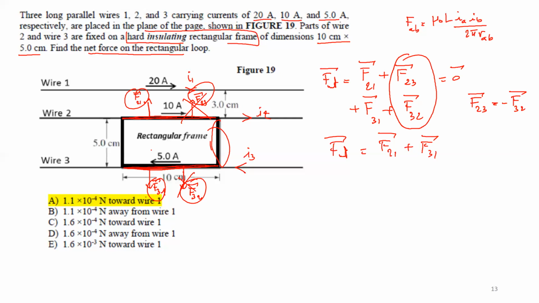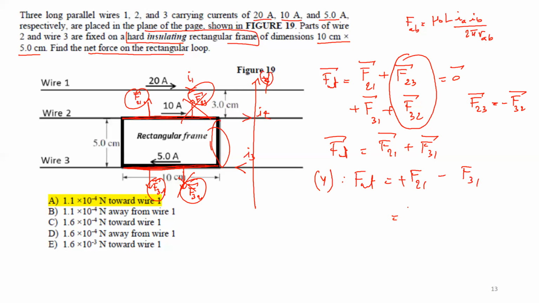Okay, let's calculate them now. Let me project along the z-axis. Let's say this is my z-axis, or my y-axis if you want. Let me call it the y-axis. So if I project along the y-axis, my F net will be plus F21 minus F31. Now what is F21?